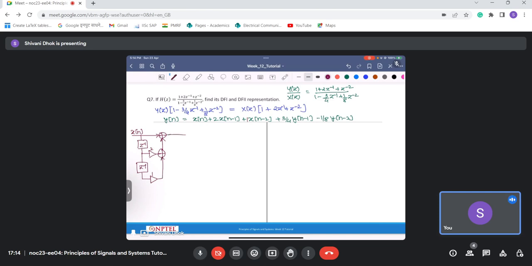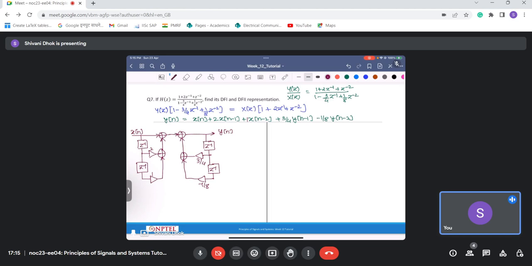Then I have my output y of n. It gets delayed, z inverse, then scaled by a factor 3 by 4, then I have z inverse and a factor of minus 1 by 8. So this is the direct form 1 representation.